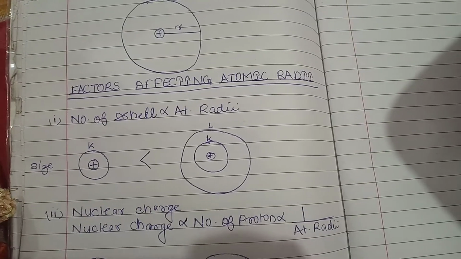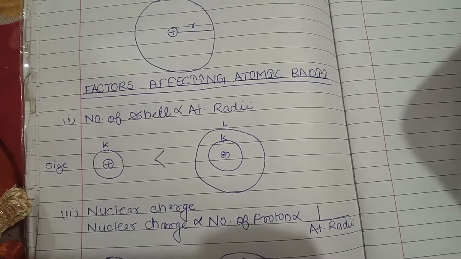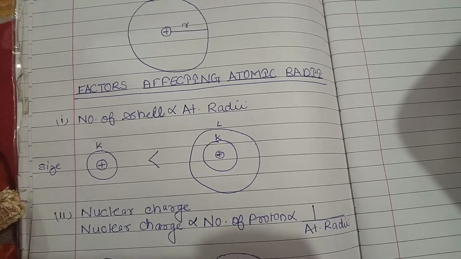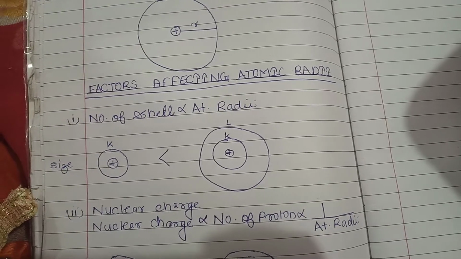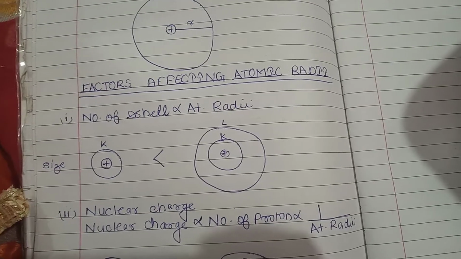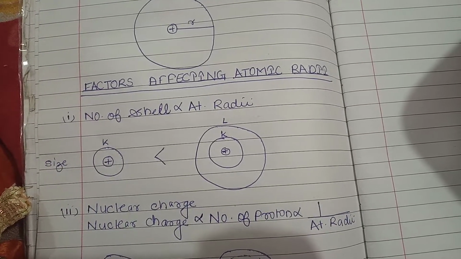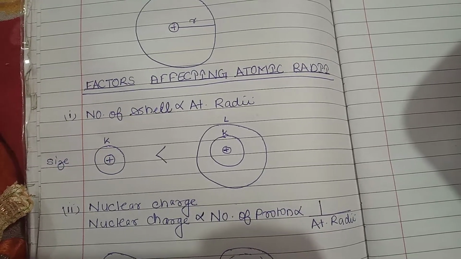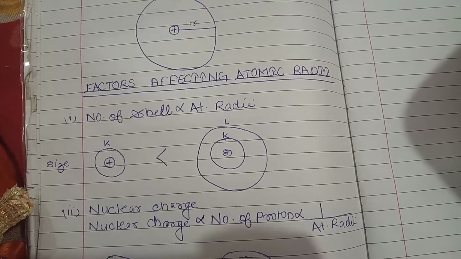Firstly, when we see the relationship between nuclear charge and number of proton. The term nuclear charge means what, guys? Charge on nucleus. As we know that the nucleus do carry neutron and proton, where neutron is neutral and proton is positively charged particle. So, if the number of proton increases, this will increase what?